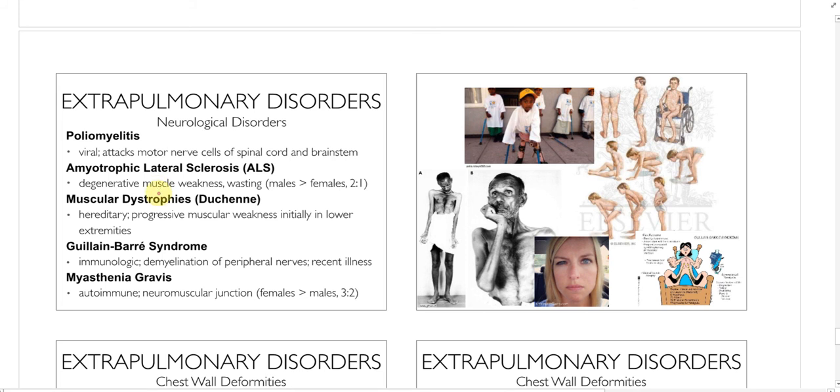ALS is about muscular weakness, as is muscular dystrophy. And then Guillain-Barré syndrome is about demyelination of the peripheral nerves. So the nerves don't send the signals as well to the respiratory system to breathe. And myasthenia gravis is similar to Guillain-Barré in that regard, in that the neuromuscular junction is compromised, and so they can't send the signals as well to the lungs to breathe.